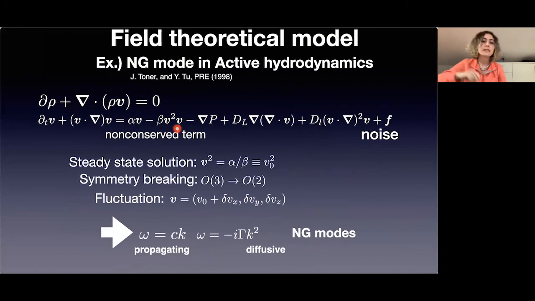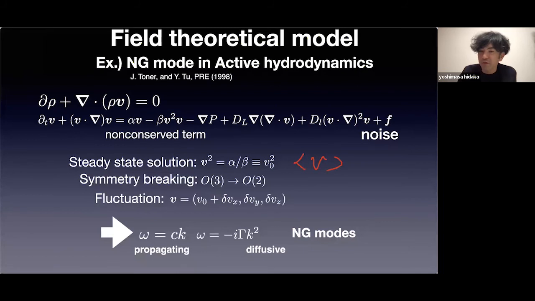Normally you calculate the expectation value of some symmetry generators, and this gives us the NG modes. But in this system, where is the expectation value? Okay. In this system, the expectation value of the velocity corresponds to the classical solution.